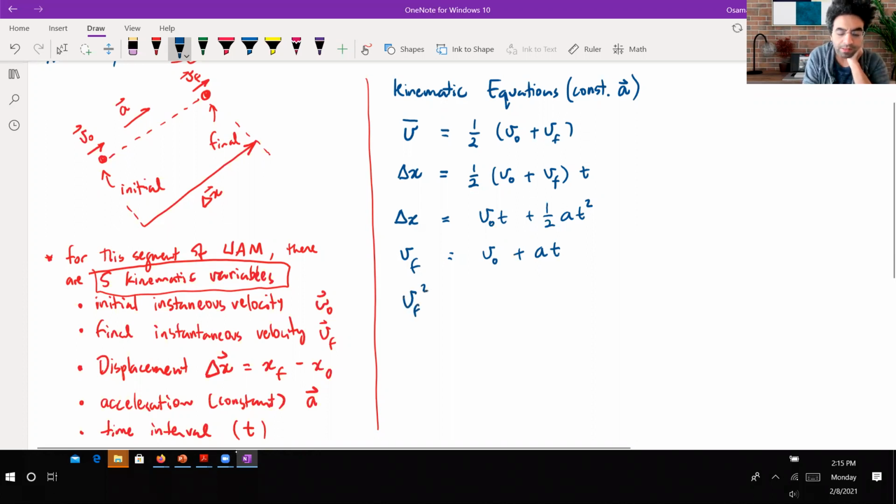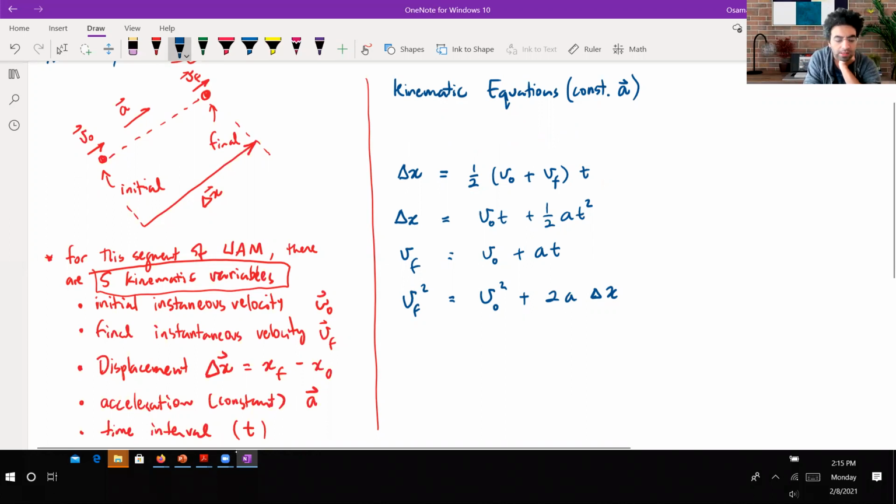And then there's finally one in which, if you plug this first one into this one, what you get is an equation that looks like this. So these really are our four, sorry, this one was a definition equation. So these really are our four kinematic equations that we're going to be using to solve any problem in which there is uniform acceleration motion.